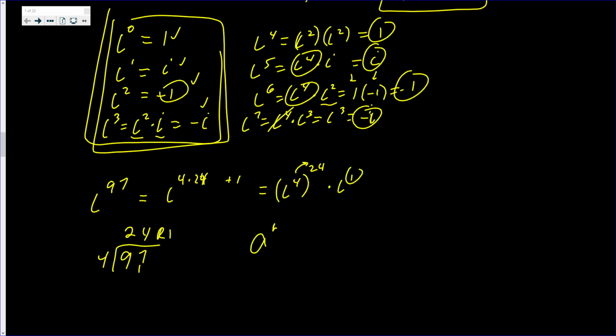Remember, if you have a to the b to the c times a to the d, well, this first part is a to the bc times a to the d. Bases are the same. Add the exponents.